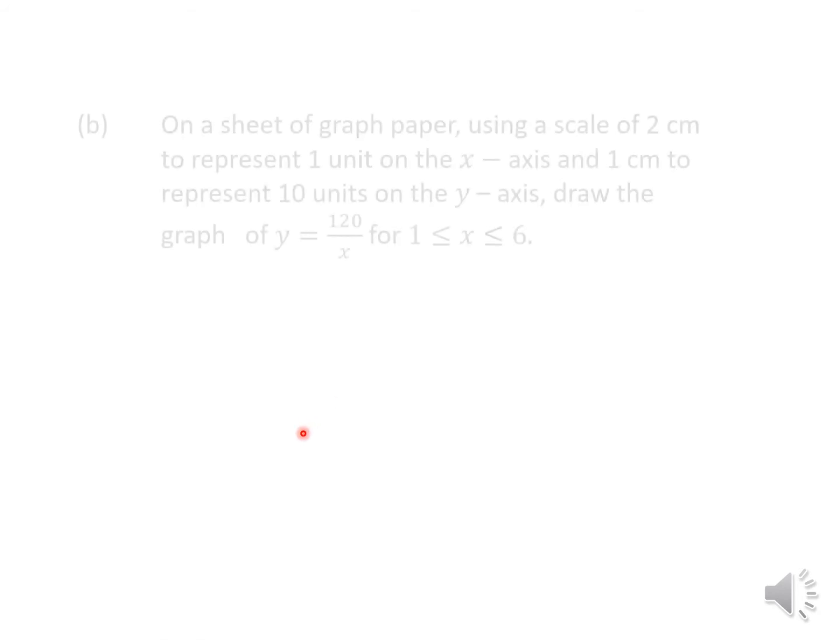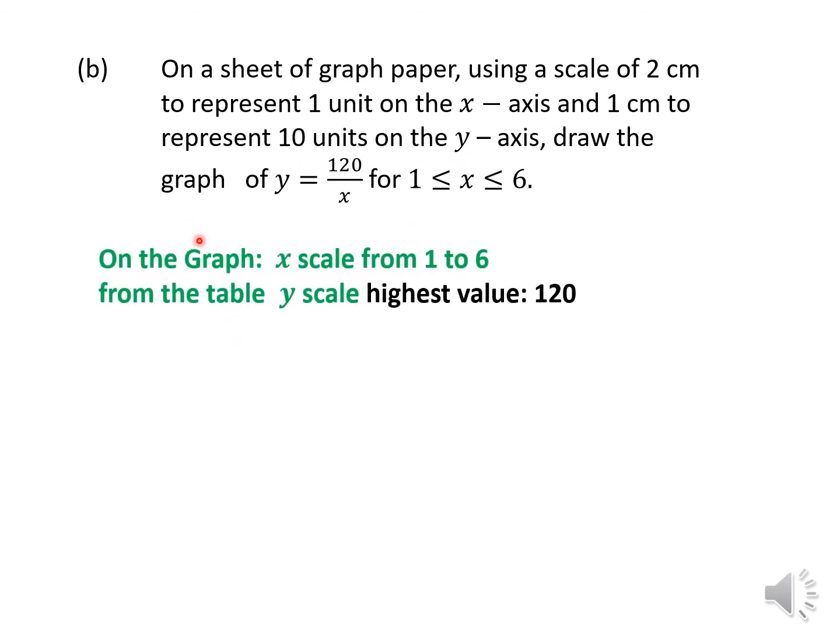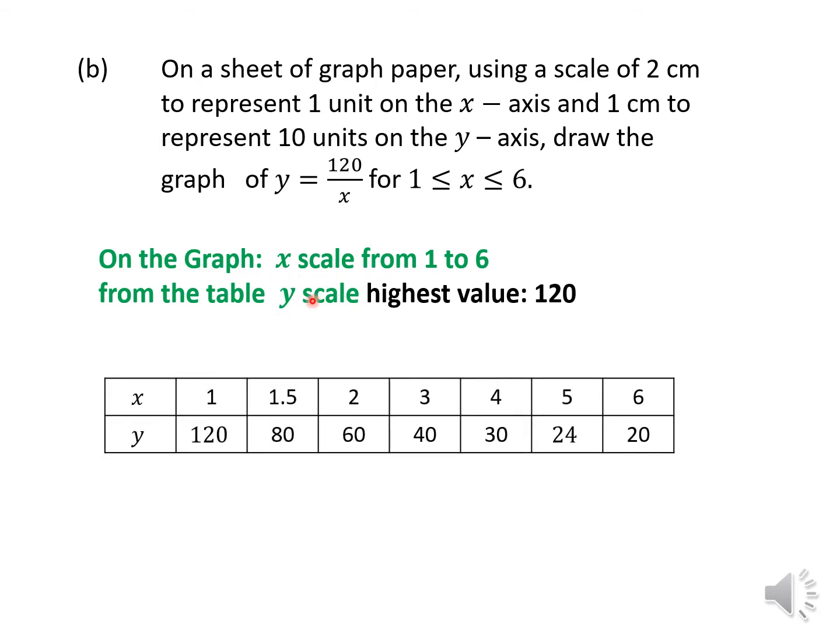One thing I also need to bring out is when they are giving you the scale, like in this particular case, they are saying 2 centimeters should represent 1 unit on the x-axis, and 1 centimeter must represent 10 units on the y-axis. What we know is your x values will be from 1 to 6, but it's very important for you to know the highest or the lowest value for y. We know that y is supposed to be 120, and since this is in the first quadrant, we do not really have a problem.